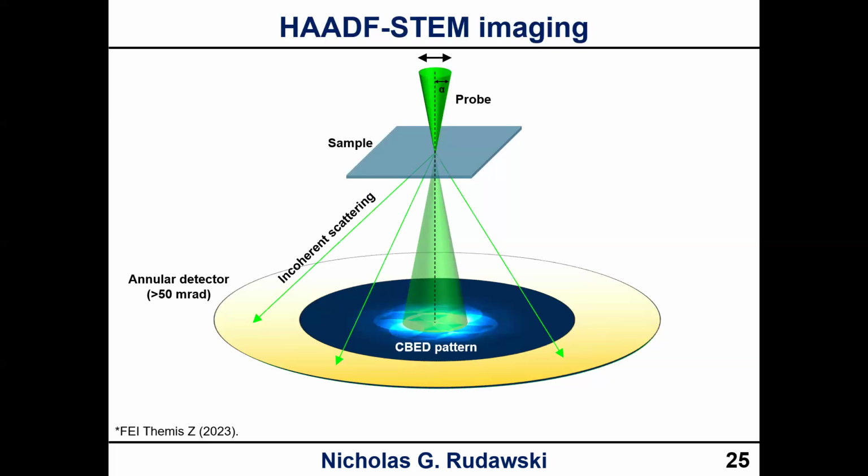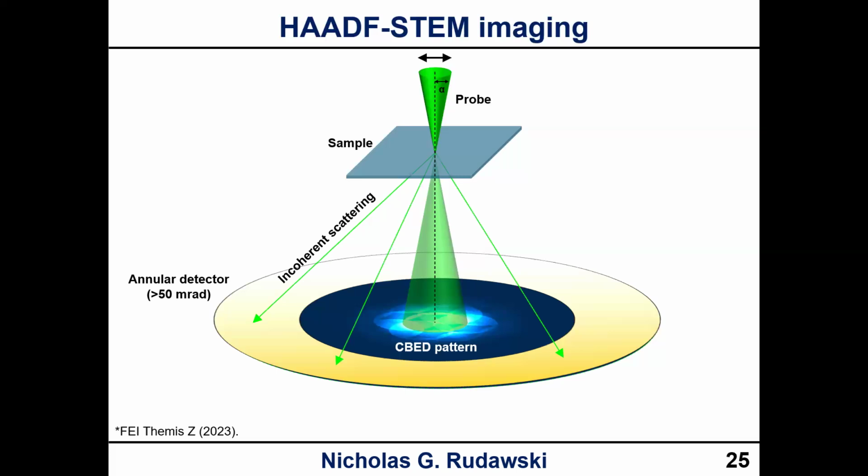As a result of collecting electrons scattered out to these high angles, we're collecting only incoherently scattered electrons. You'll notice in the CBED pattern here, I'm not seeing any Bragg diffraction way out here. There's basically no Bragg diffraction when I go out to these high angles.